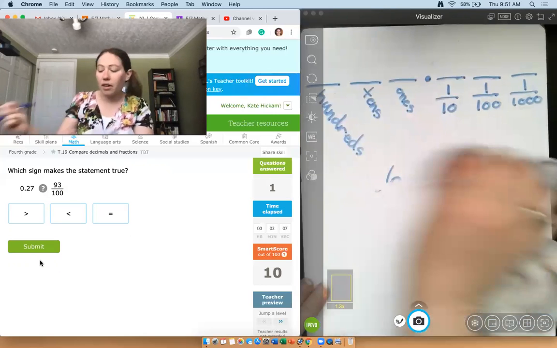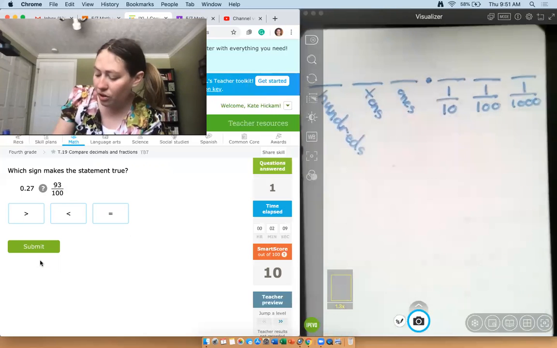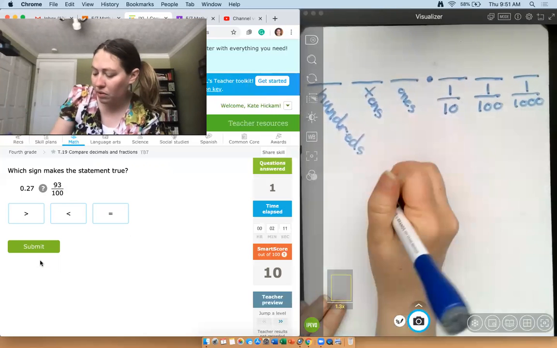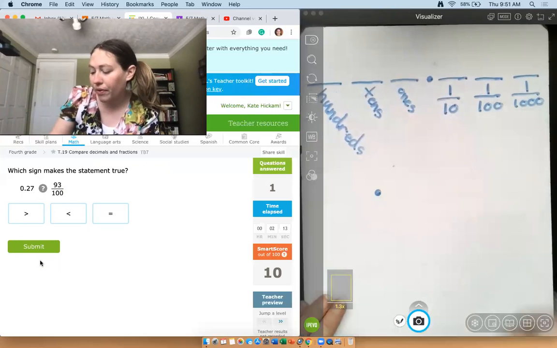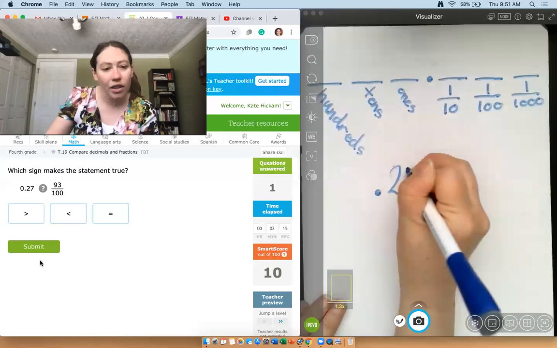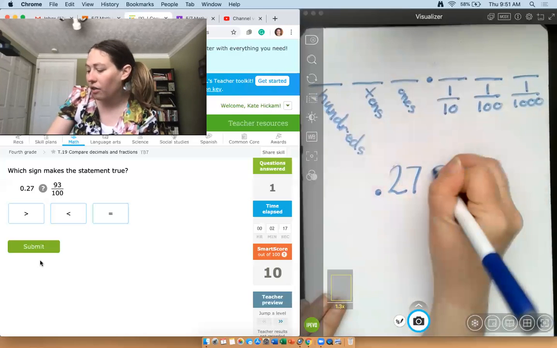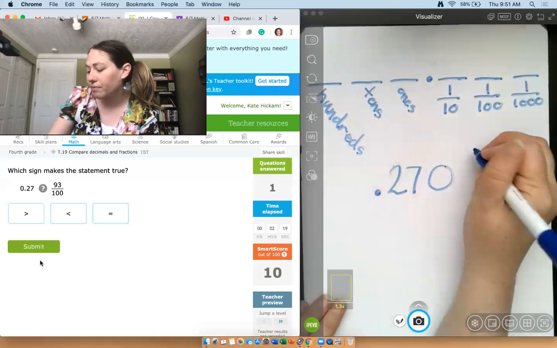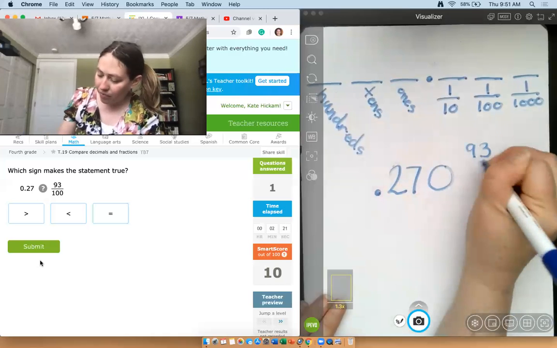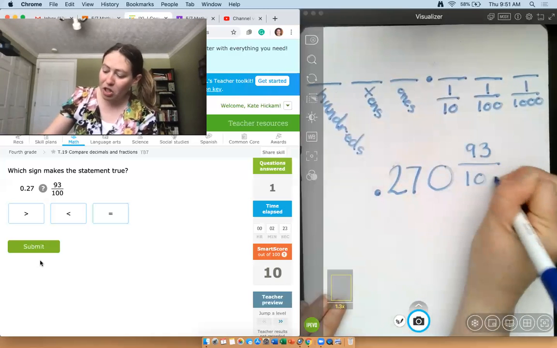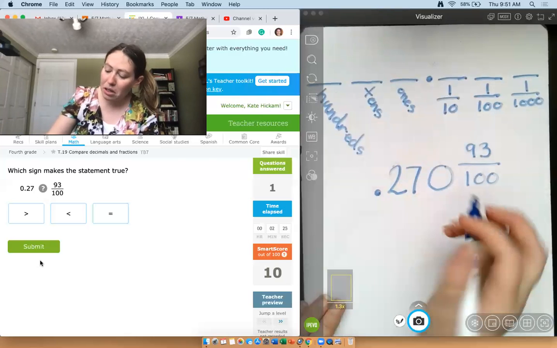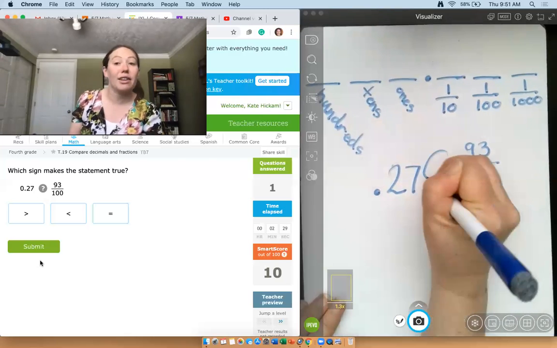So then this one, I'm going to do with decimals. So I'm going to be comparing two decimals. The 0.27 compared to 93 hundredths. That looks like 270. I'm going to change the size of that circle so it's a little bit easier to tell that it's not a 0.